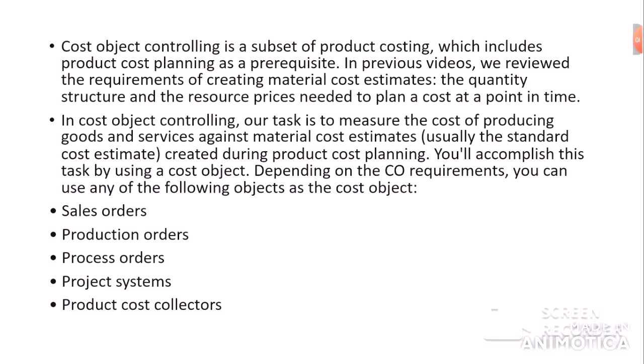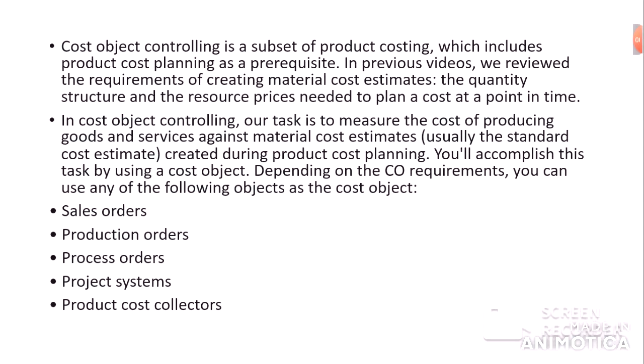Cost object controlling is a subset of product costing which includes product cost planning as a prerequisite. In previous videos, we reviewed the requirements of creating material cost estimates, the quantity structure, and the resource prices needed to plan a cost at a point in time.